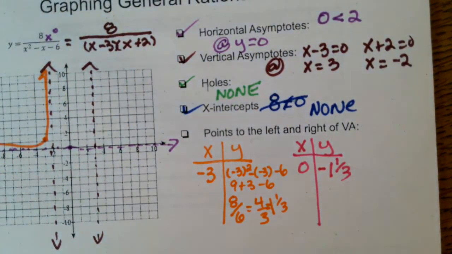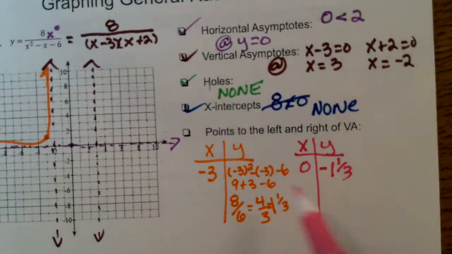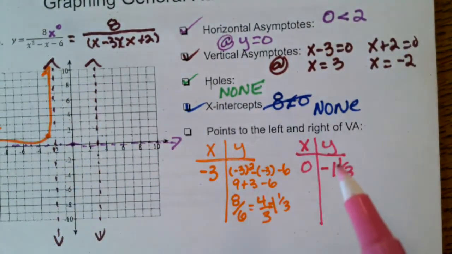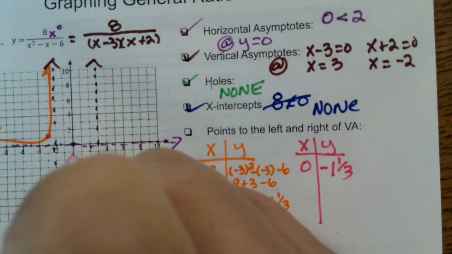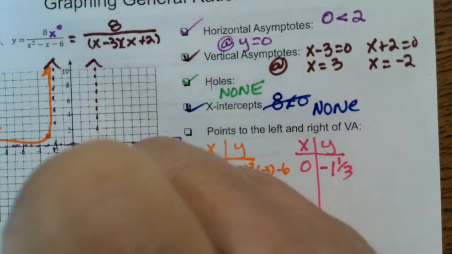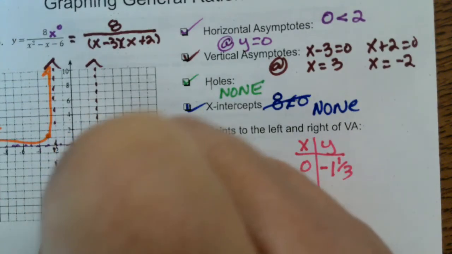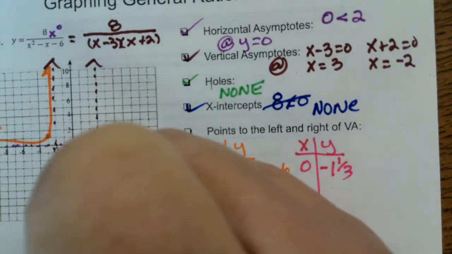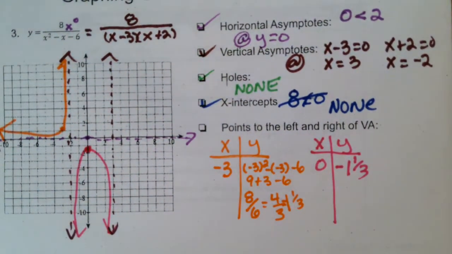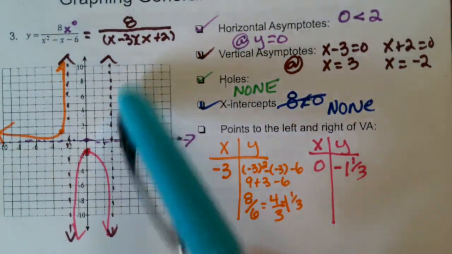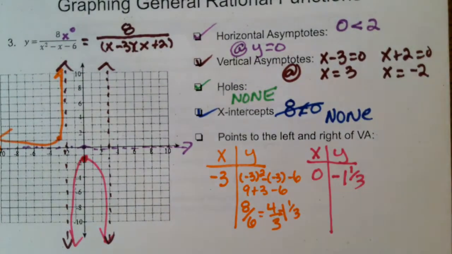I'm using that. So my point that I'm going to use is at 0, negative 1 and 1/3, a little bit further. So it cannot go above this, so it's going to look something like that. Then I have my third section that I'm going to look at.